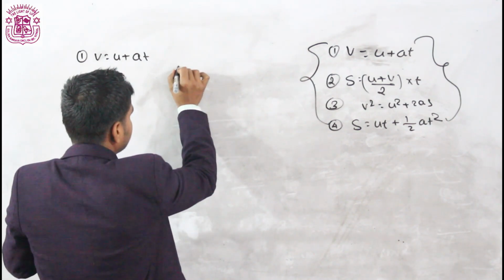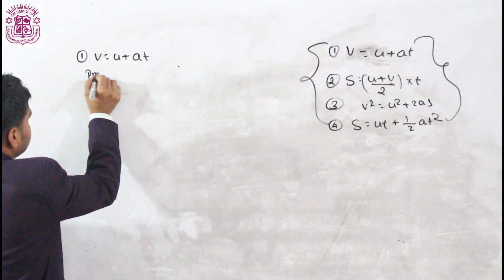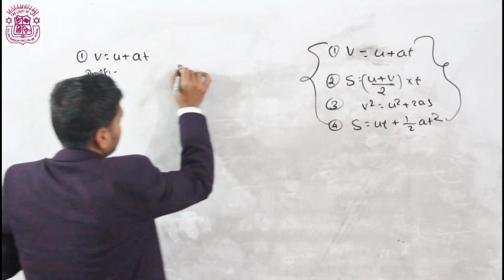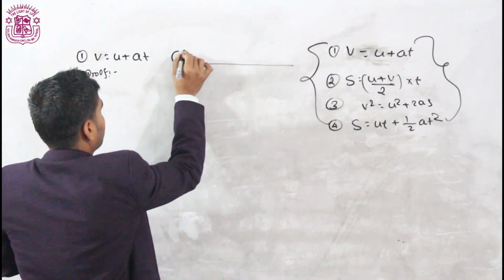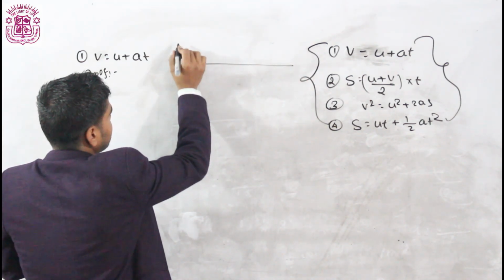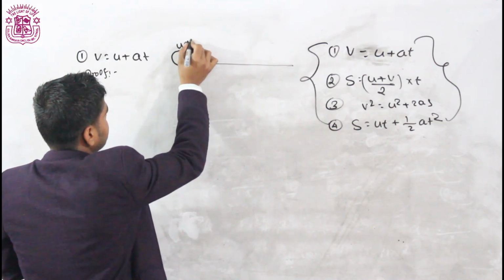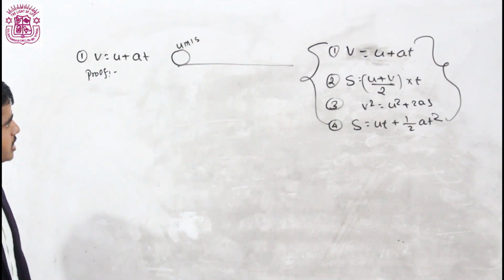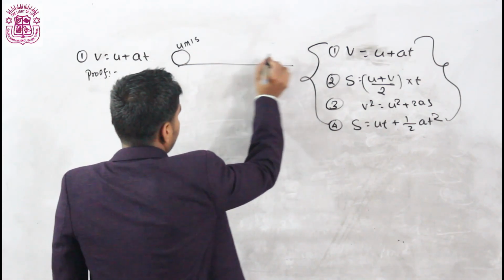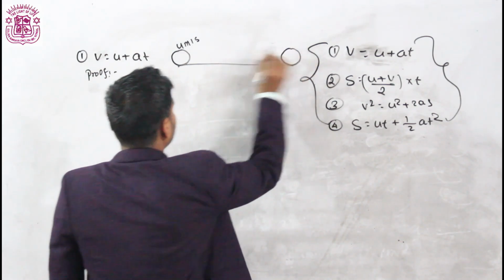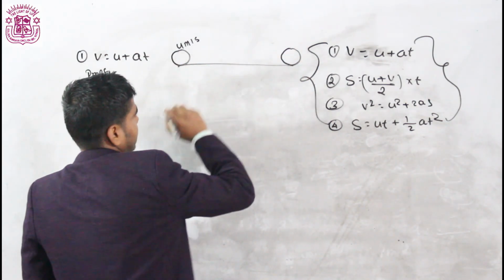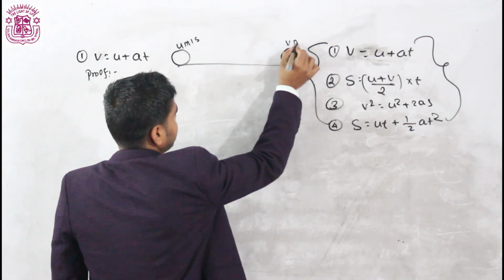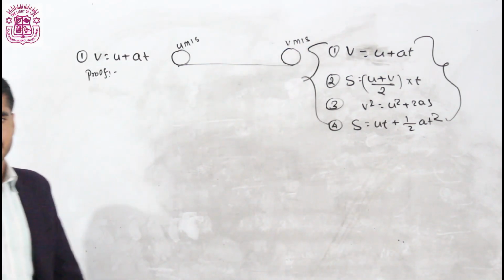Suppose this is a body A which was moving with initial velocity u meter per second. After some time, the same body reaches this point and attains the final velocity v meter per second.